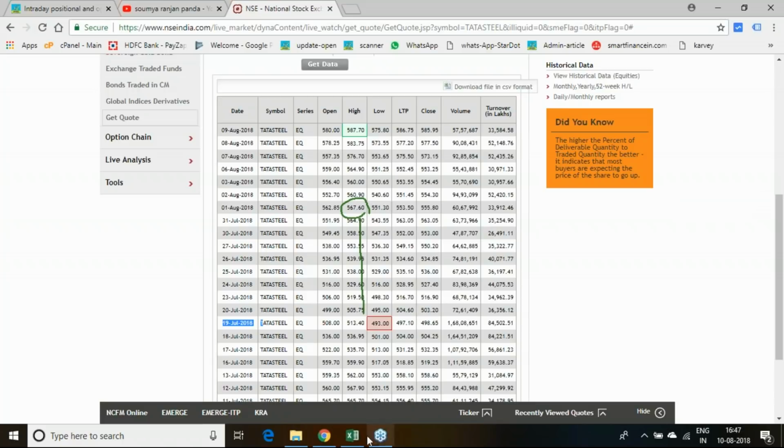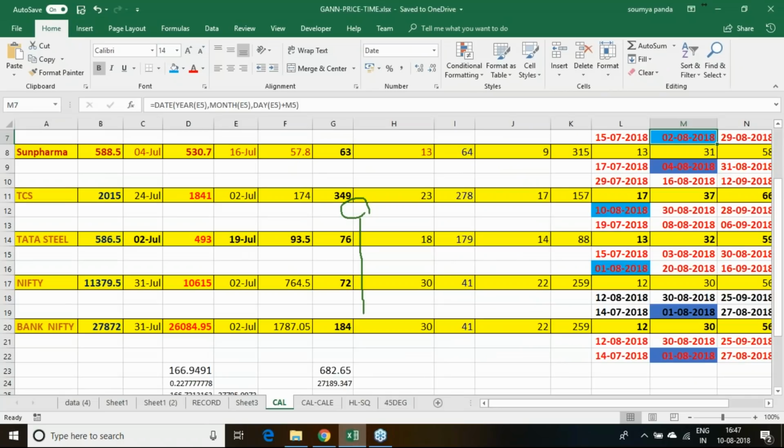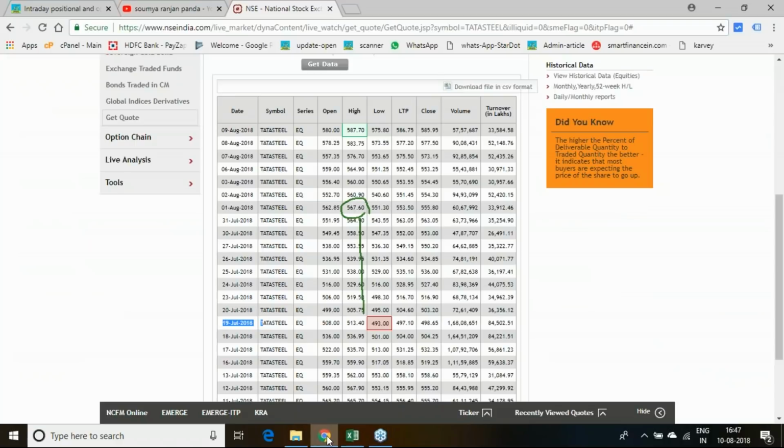So why is 19th July very important? Because we started our calculation from 19th July. In the July month data, 2nd July was the highest price point and 19th July was the lowest price point, and from there we calculated.